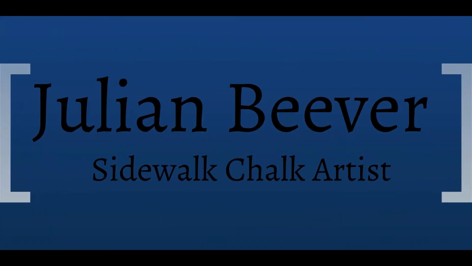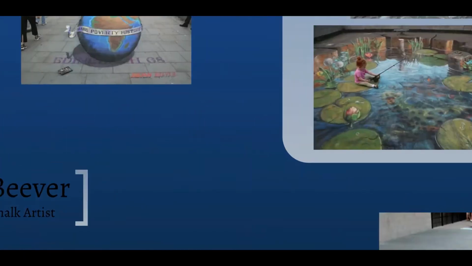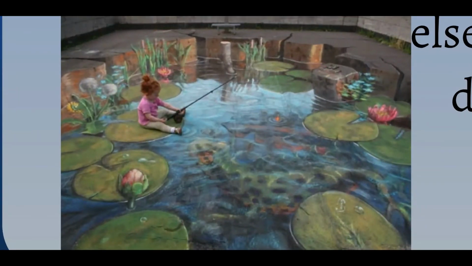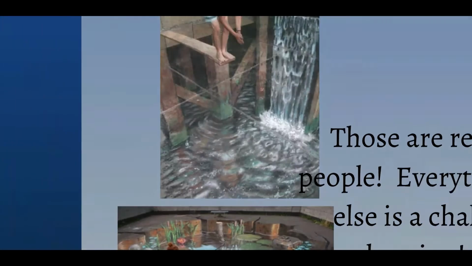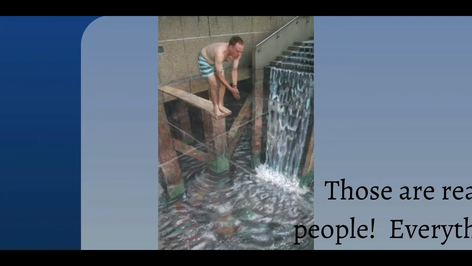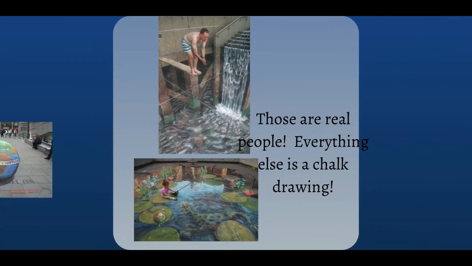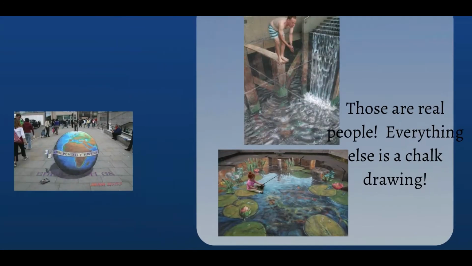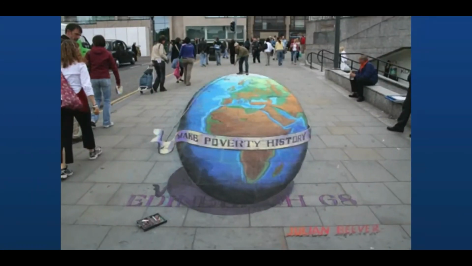Okay, we're going to take a look at another artist, Julian Beever. He is an amazing sidewalk chalk artist. This is actually all a flat surface. So the girl and the guy were real people, but everything else was a sidewalk chalk drawing. Here's on top of the world.